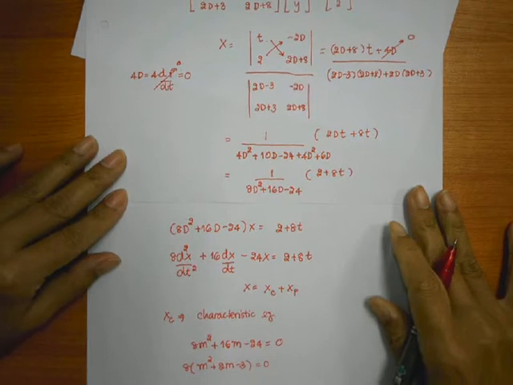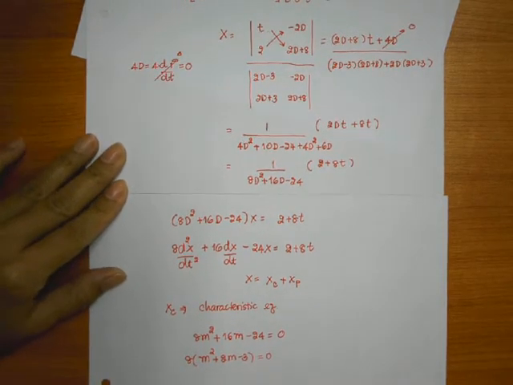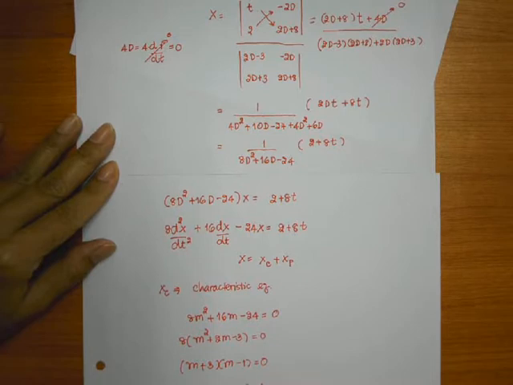So you find the value of m, which is what? So your m is equal to minus 3 and plus 1. So now your xc is equal to c1 times exponential of minus 3t plus c2 times exponential of t.